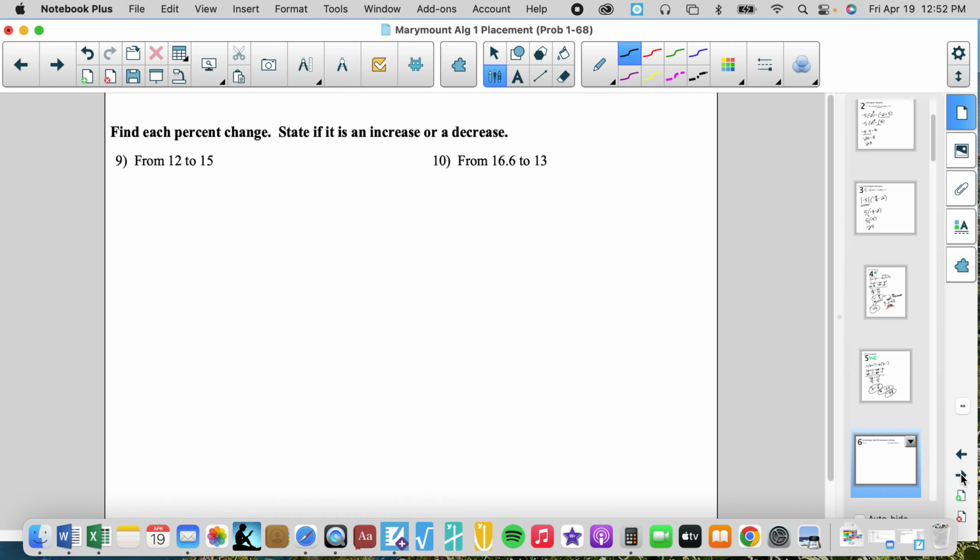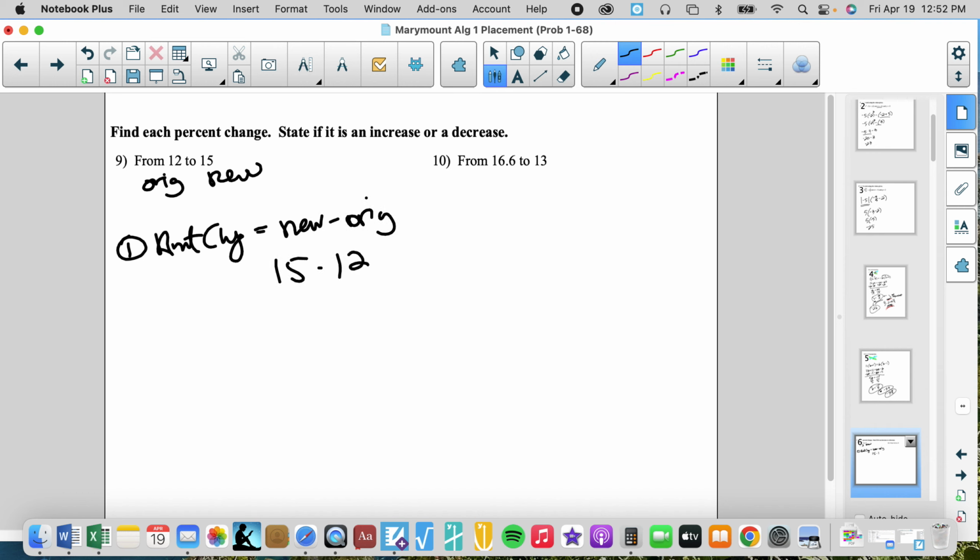So find each percentage of change, state if it's an increase or decrease. So we have our original to our new, and we know that step 1 is always find the amount of change, and the amount of change is new minus original. So 15 minus 12 gives us 3.